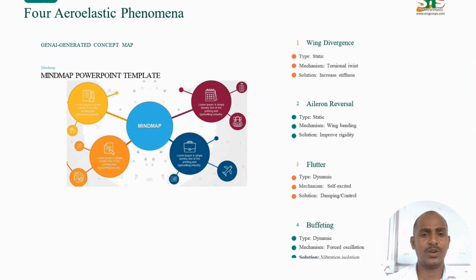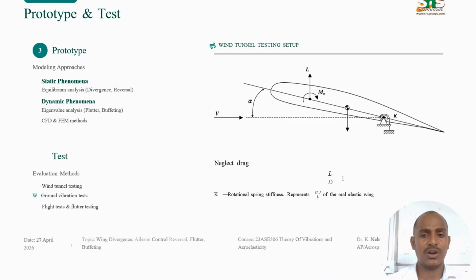The next step is identifying when the phenomenon occurs and proposing solutions: is it static or dynamic, is the wing bending or creating torsional loads, and what is the role of the inertia or the stiffness of the wing?